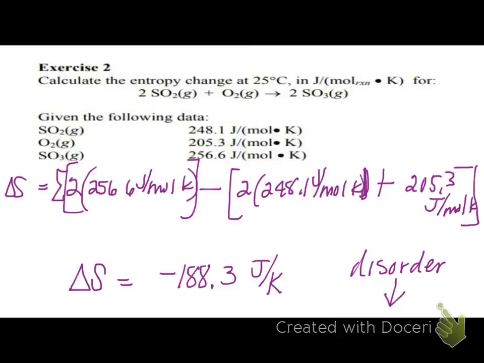Disorder decreased, and if we go back and look at it, we're going from 3 moles of gas to 2 moles of gas, so that makes sense. Because before we had 3 moles of gas, now we have 2 moles of gas, which means it's more ordered or less disordered, however you want to think about that. So you can always go back and look at it and see, did that make sense? Is everybody with me so far? Yes. Okay.